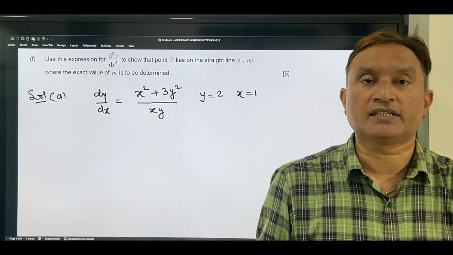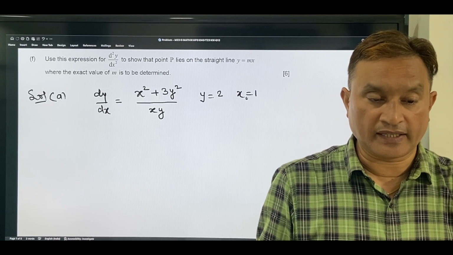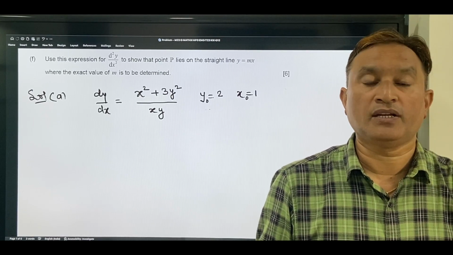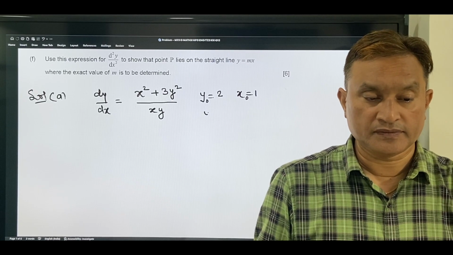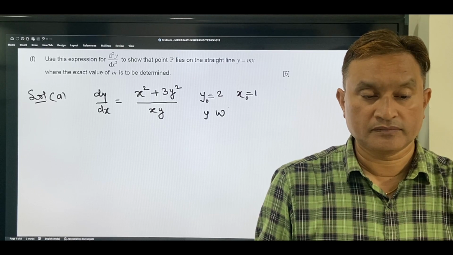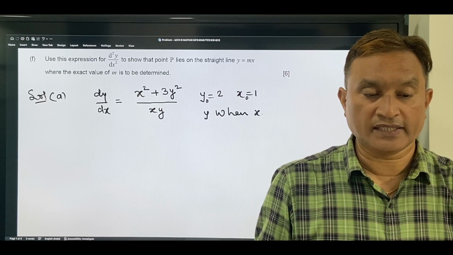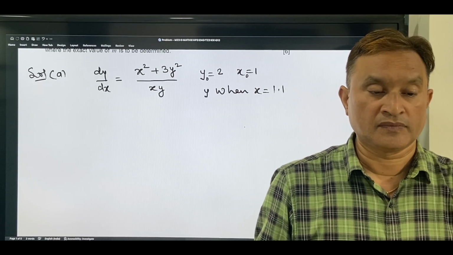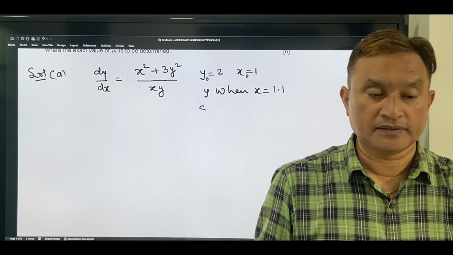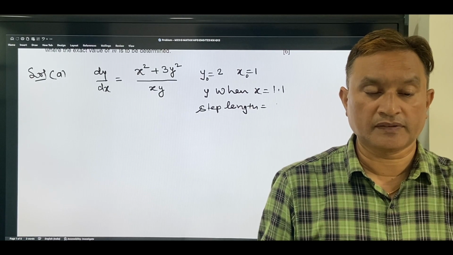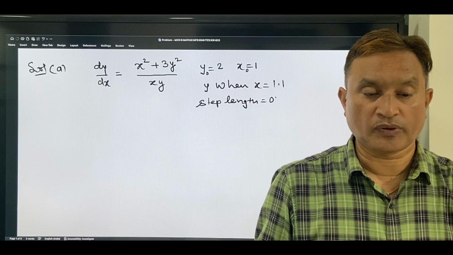As these are the initial values, we can write x0 and y0, and we are looking for the value of y when x equals 1.1. The step length given is 0.1.